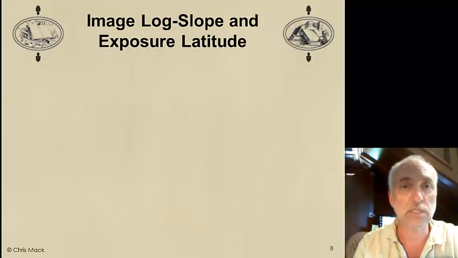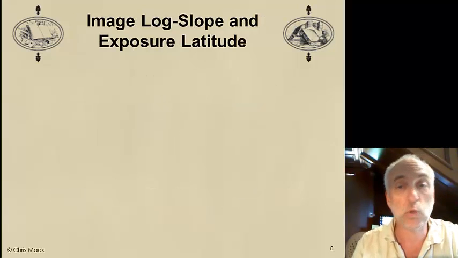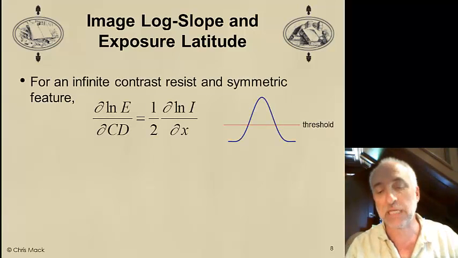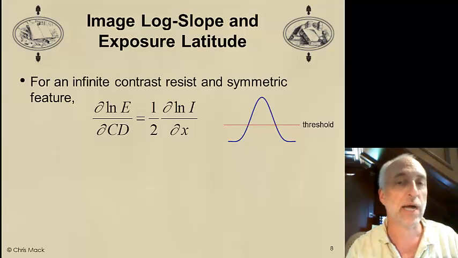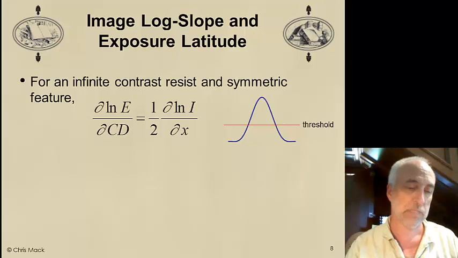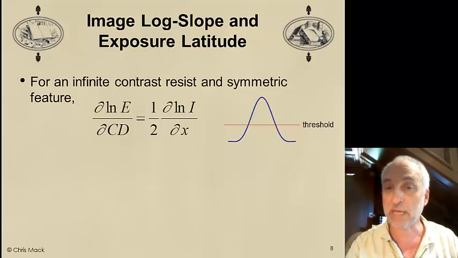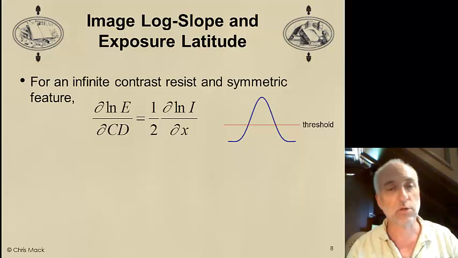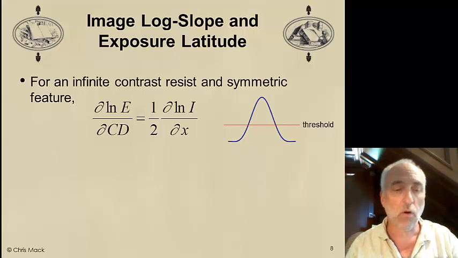So, how does this image log slope relate to exposure latitude? Let me make it simple. Let me assume I have a perfect infinite contrast resist. Now, we talked about contrast a few lectures ago. Another way to think about an infinite contrast resist is a threshold resist. When the exposure dose reaches a certain value, all the photoresist washes away.